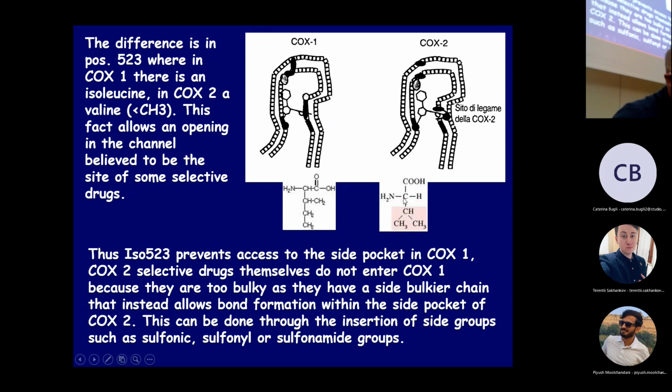Here you see the difference between the two cyclooxygenases. We have an isoleucine in cyclooxygenase 1, and a valine in cyclooxygenase of 2 type. Valine is smaller than isoleucine, and so it's possible the formation of this additional pocket. Only one amino acid is different.